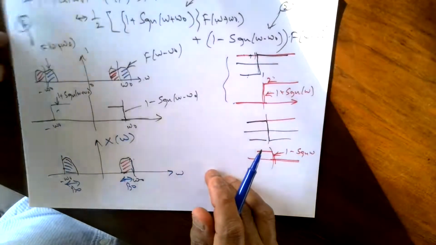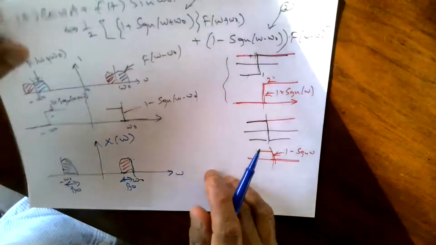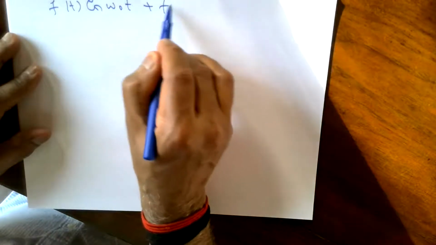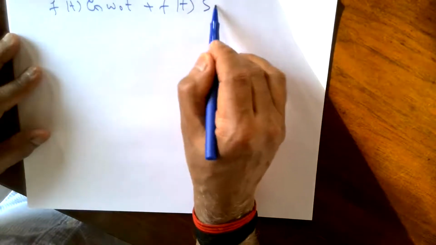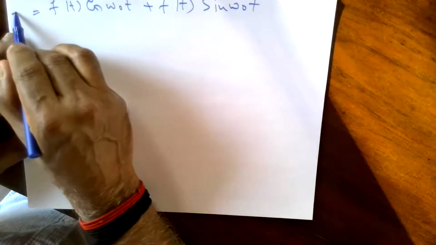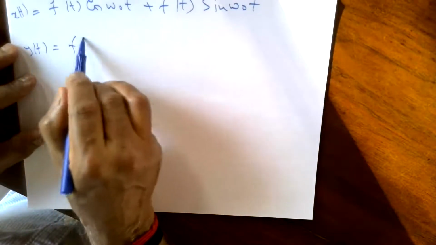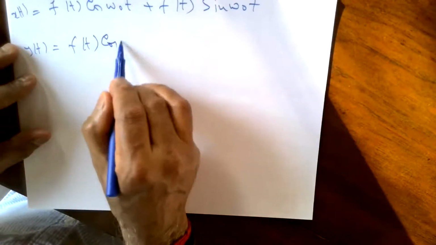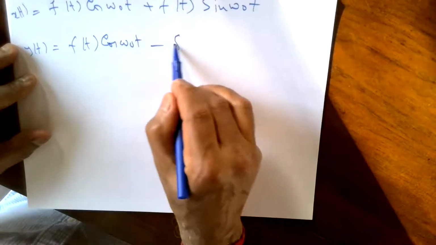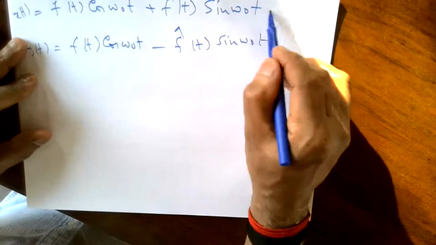If you do it with the negative sign, you'll pick up the other band. So I'm going to leave it to you. The two sideband modulations are f(t) cos ω₀t plus f̂(t) sin ω₀t, which I'm going to call x(t), and the other one is the same thing with a negative sign in the middle, cos ω₀t minus f̂(t) sin ω₀t.